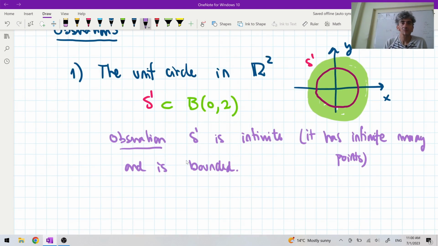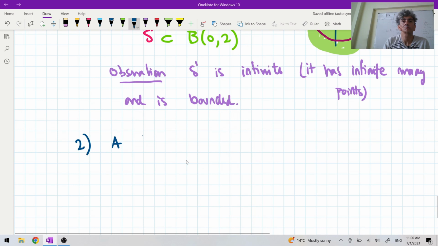Let's take a different example, a line in R2.